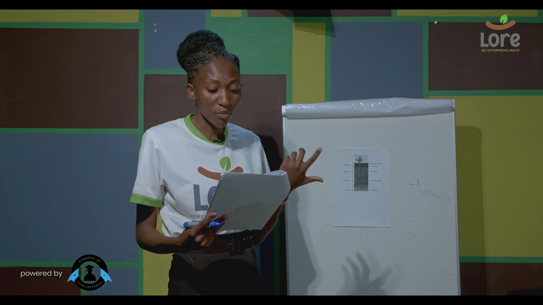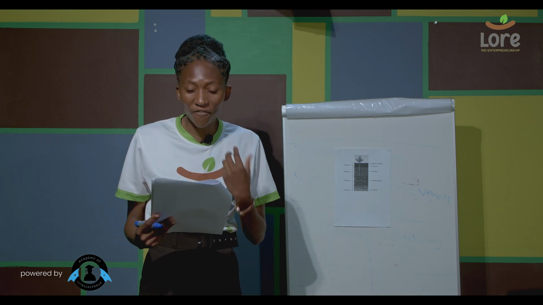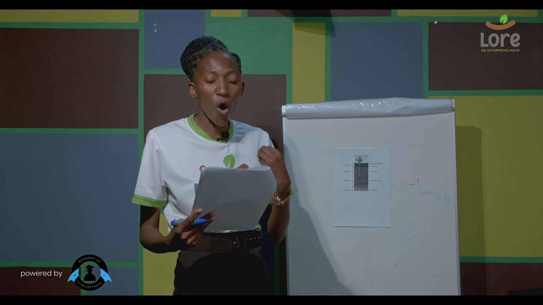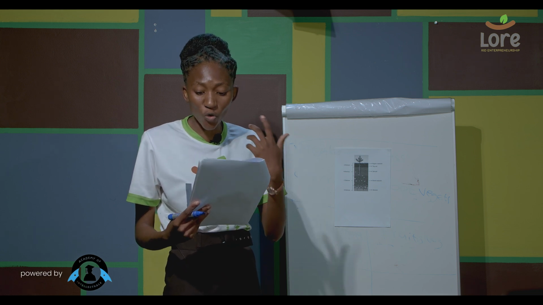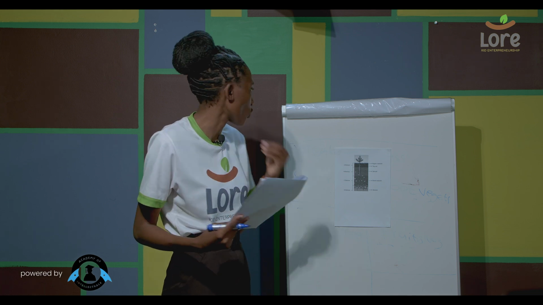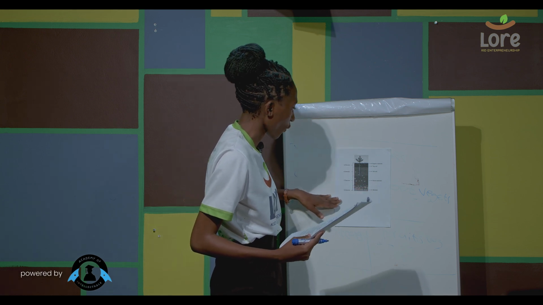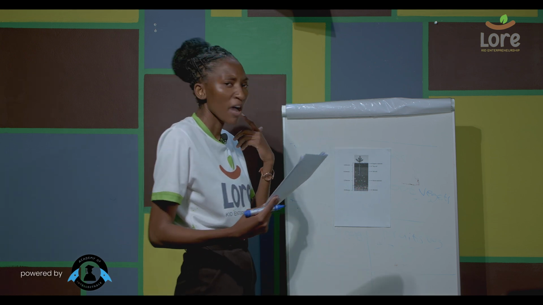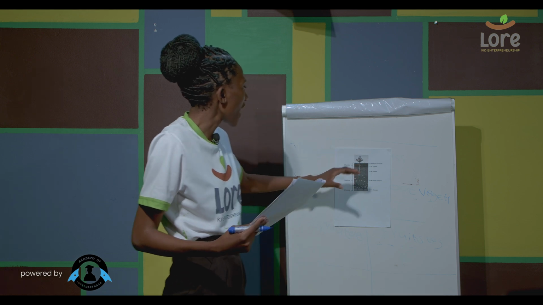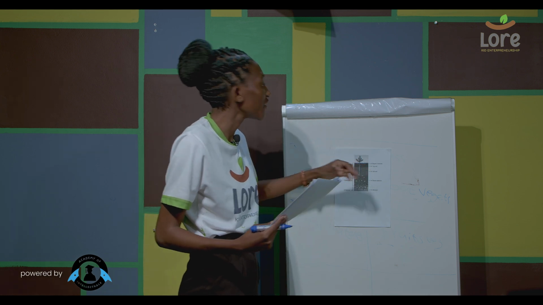Now, what is soil profile? Soil profile is the vertical arrangement of soil layers from the soil surface down to the bedrock. And those layers are divided into divisions.